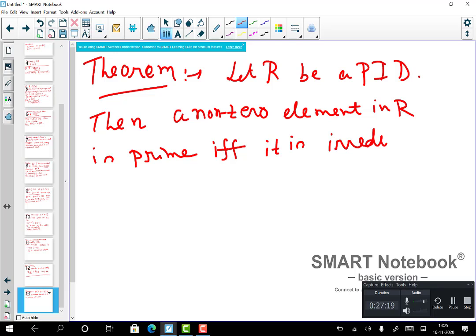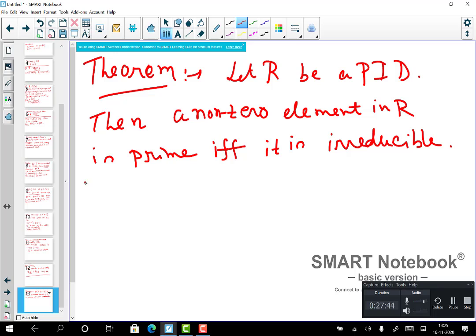That's all it is. I hope you remember the definition of irreducible. It was only the last class we defined it. Yeah, so one part is obvious. Can you remember what the part is? We already proved in the last class that whenever you are in an integral domain, then prime elements are always irreducible elements, right? So one part is obvious.